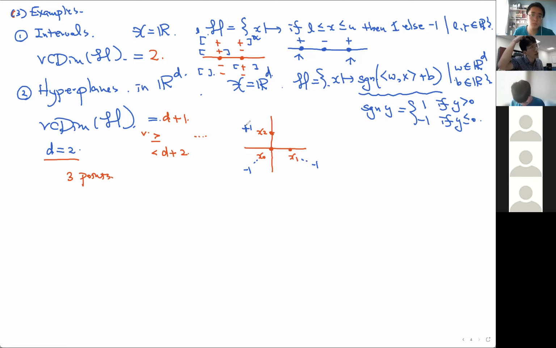One way to do it systematically is to consider for x2 and x1 a direction which puts these two points together.